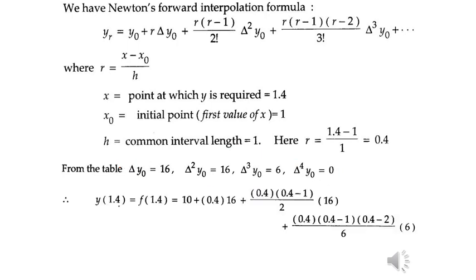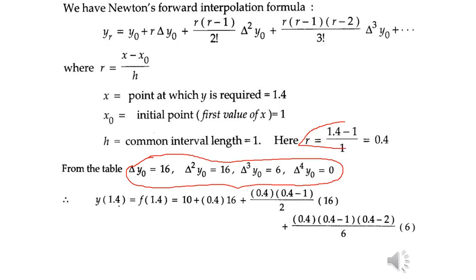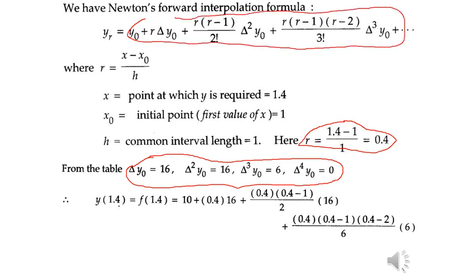When we substitute the values of these delta values and the value of r, that is 0.4, in the RHS of this formula, we get these things. That is, in the place of yr, we have written y at 1.4, which is the requirement.